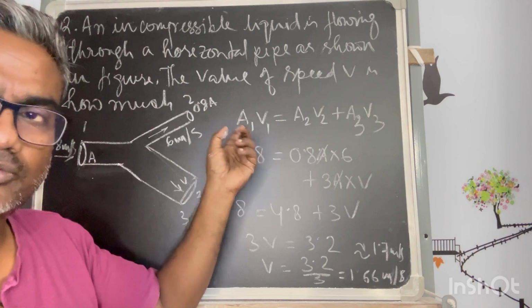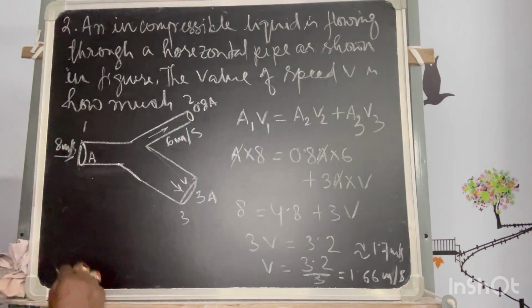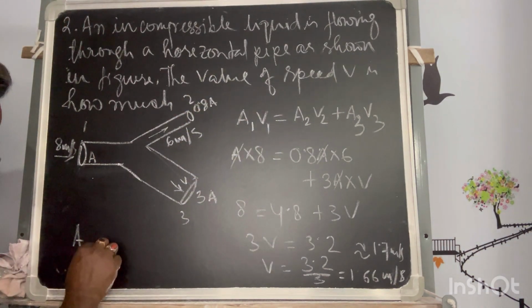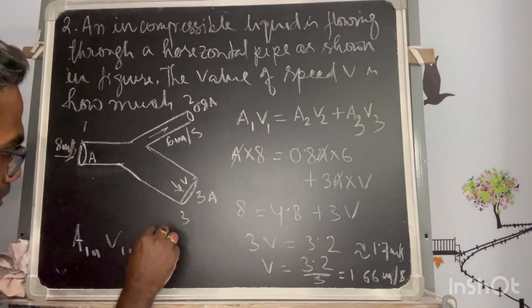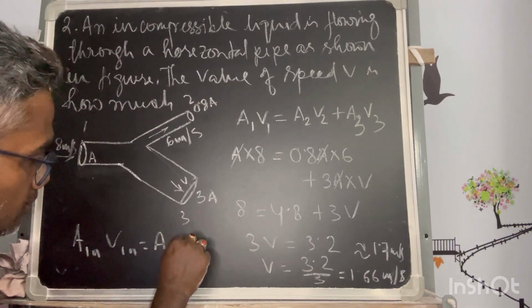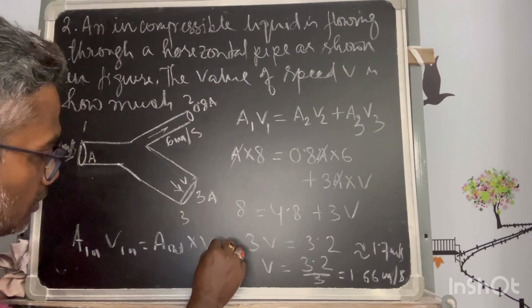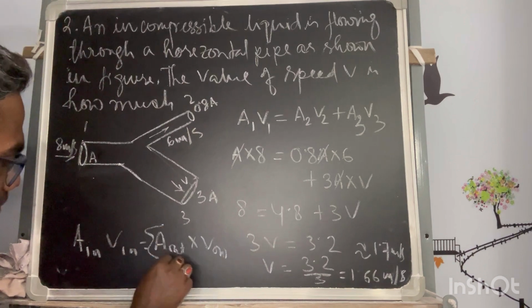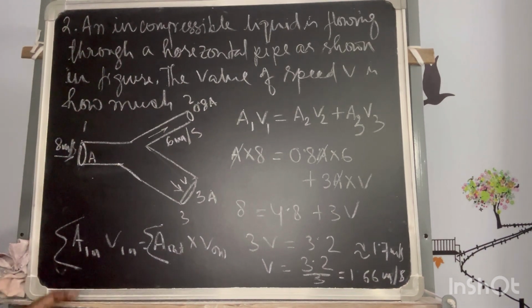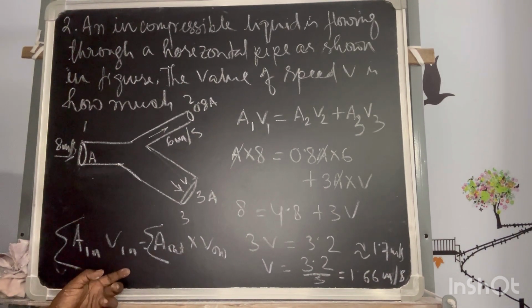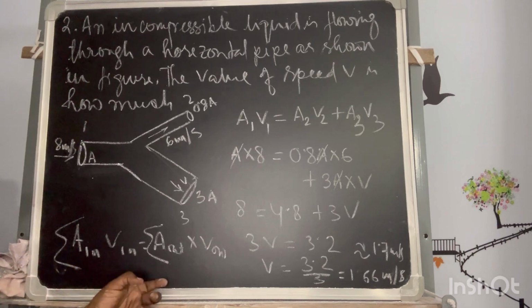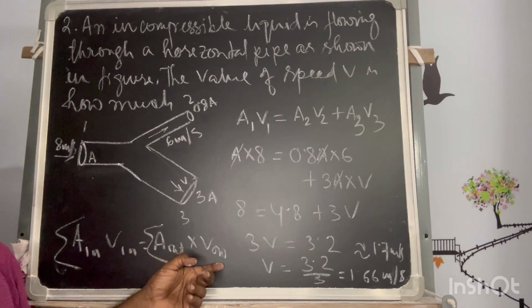Sum of A in into V in is equal to sum of A out into V out, and we can put the summation sign for that. So this is the correct continuity equation.